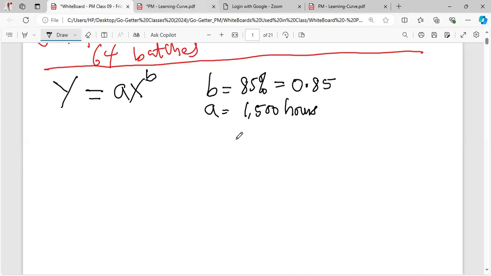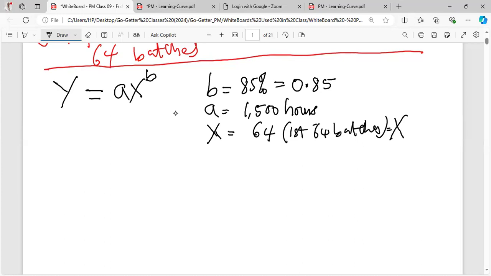So that's it. Now our X is going to be 64. So this is like the first 64 batches, which I can write as X1 to 64, the way I usually like to make it.